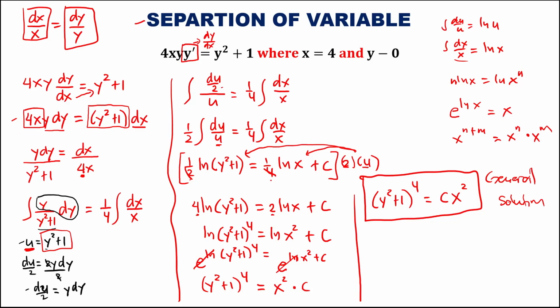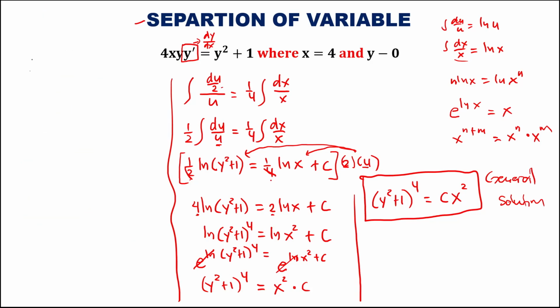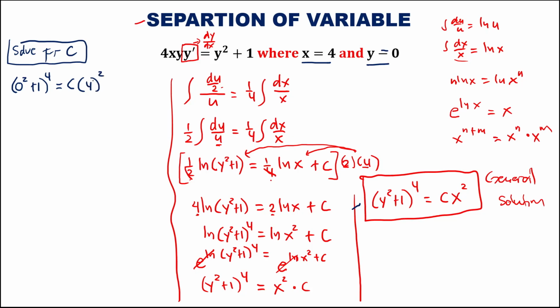Then this time, to find the particular solution, we need to solve first for c. So to solve for c, using these values for x and y, substitute into this equation. So this becomes y is 0, 0² + 1 to the power 4 equals c times x, x is 4, to the power 2.